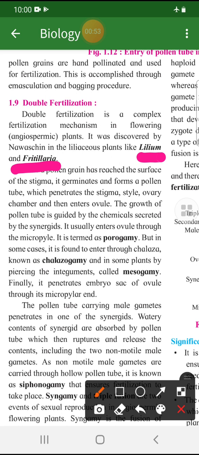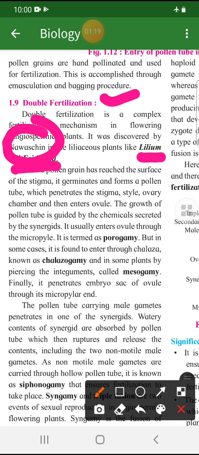Now these are the two flowers in which the Russian biologist Sergei Gavrilovich Navashin first discovered double fertilization. This question is very common for NEET also.